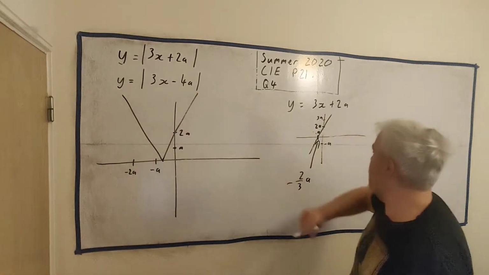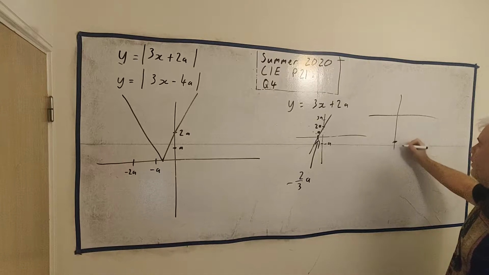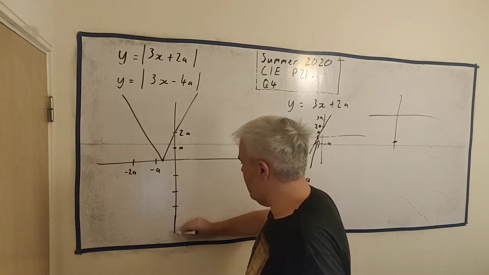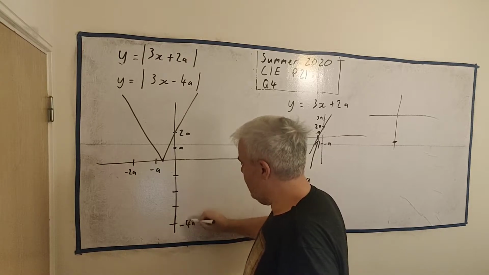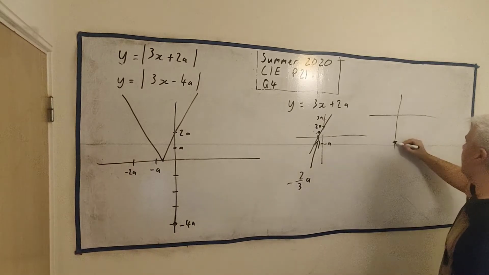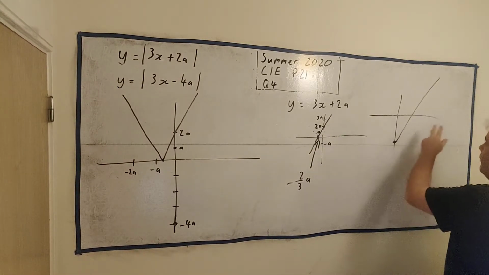Similarly, we can do this question. I'll do it a bit faster. -4a would be down here. So let's go -a, -2, -3, -4a. That's where this line would hit the axis. And it would still go up 3 with a slope of 3.